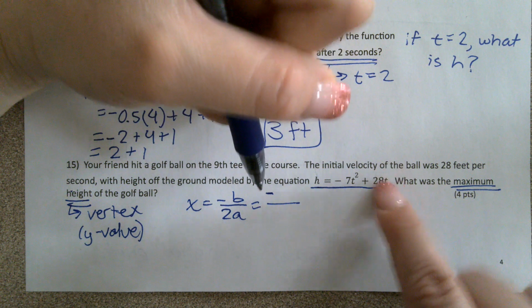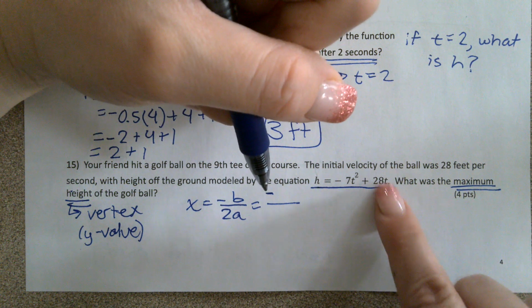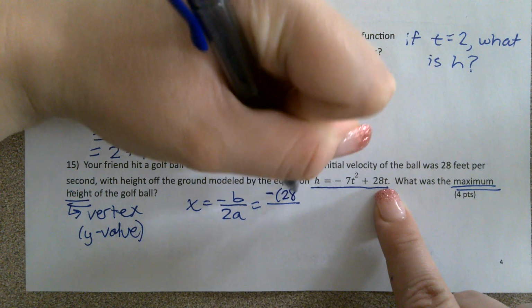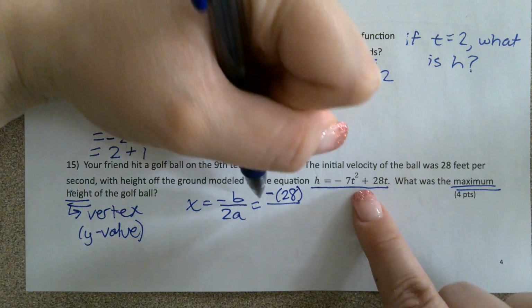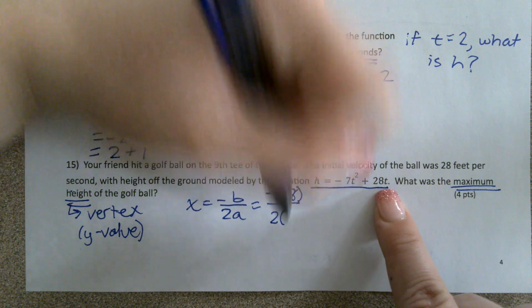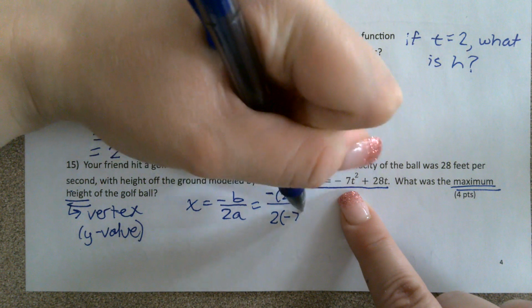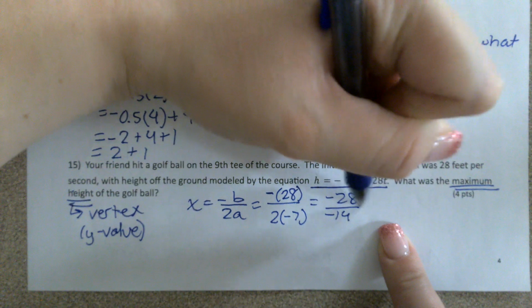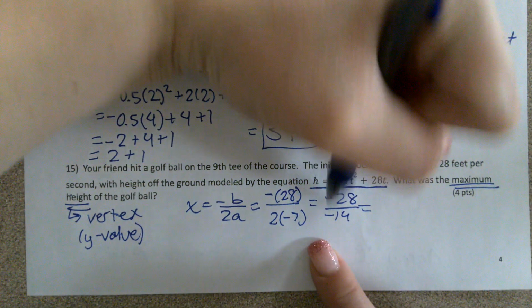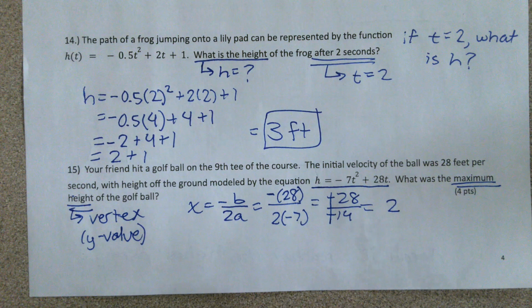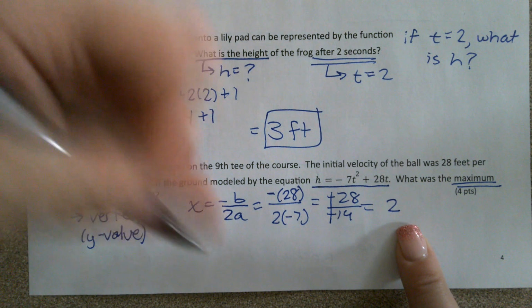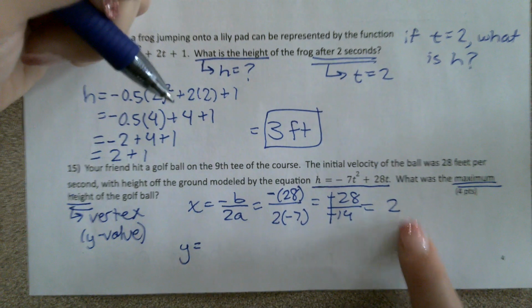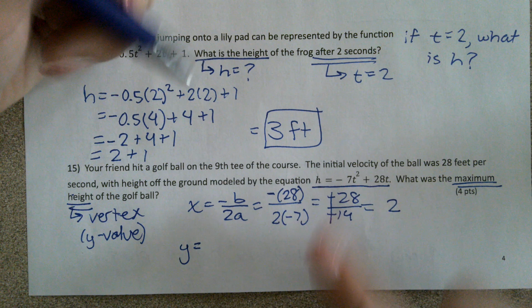Negative b, be careful here, it's not that one, it's attached to t. 28, it's positive here, so now it's a negative 28 over 2 times a is negative 7. Negative 28 over negative 14. This becomes positive 2. So x is 2, now let's find y. Y equals, you're just going to plug 2 into the equation.